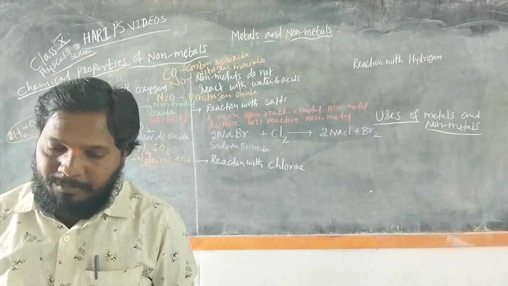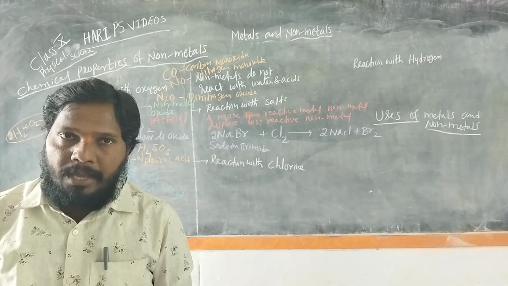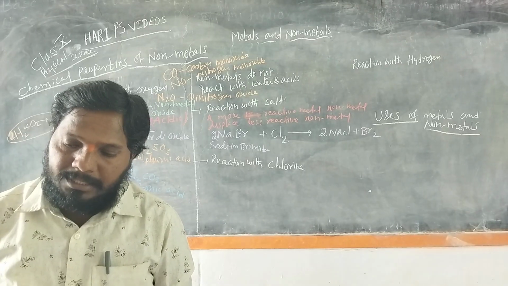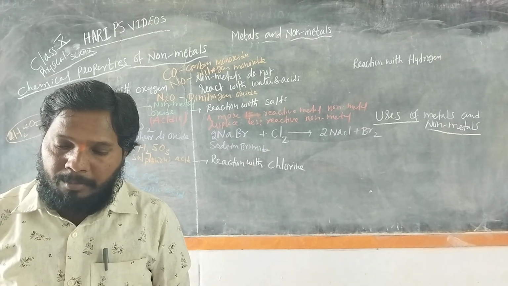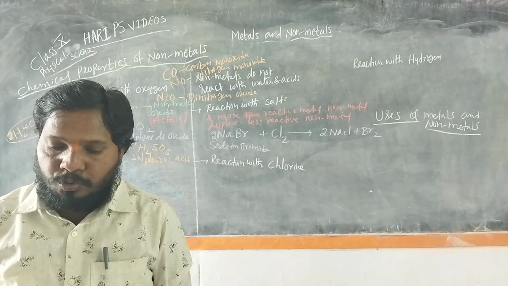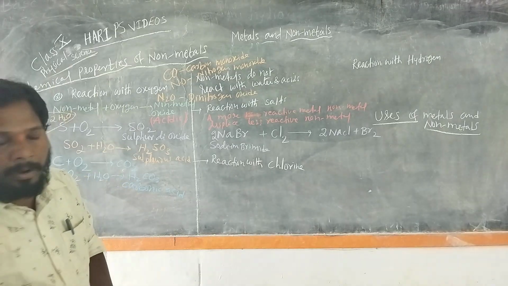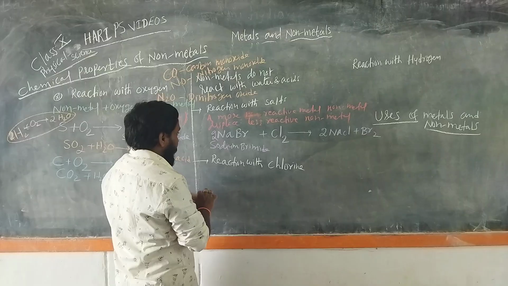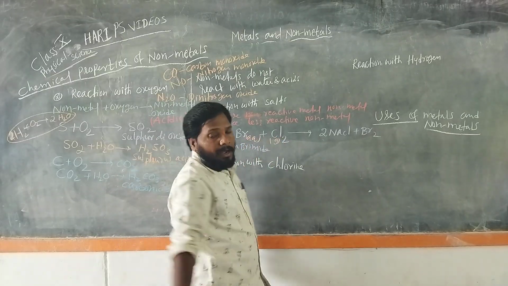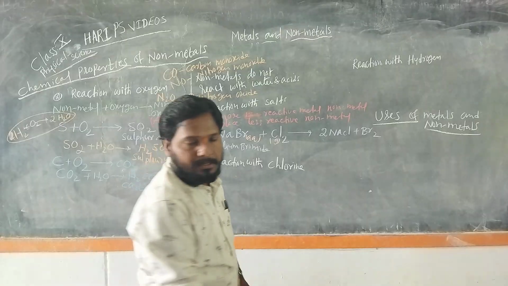In this displacement reaction, a more reactive non-metal like chlorine displaces a less reactive non-metal, bromine, from its salt solution, sodium bromide. Sodium bromide is aqueous, chlorine is a gas, and sodium chloride is an aqueous solution.